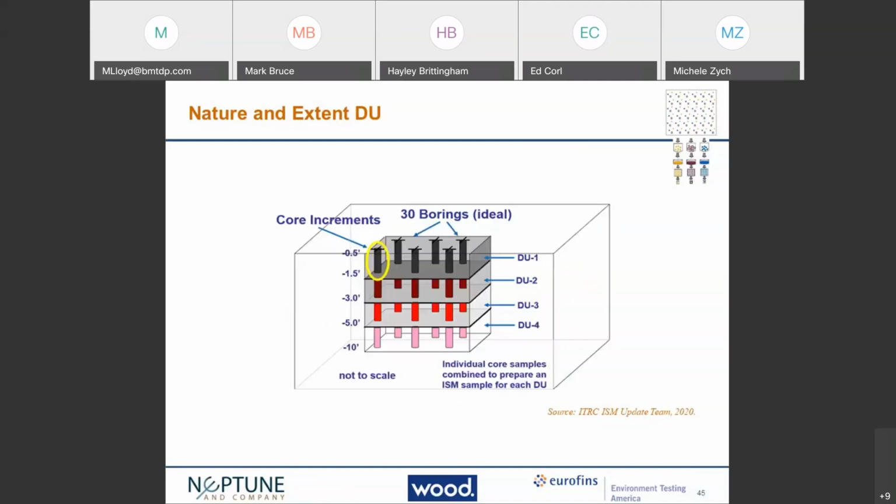And lastly, another example of a nature and extent DU, but looked at on the vertical plane. You can use ISM to have your DU set up vertically from a certain set of soil parameters or certain depth. So it can also be used in that manner as well.